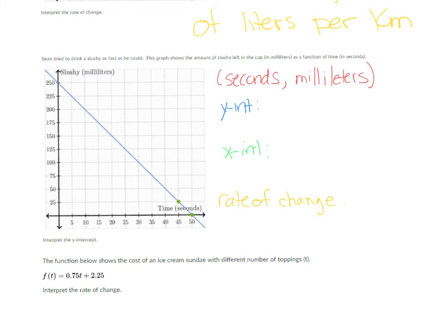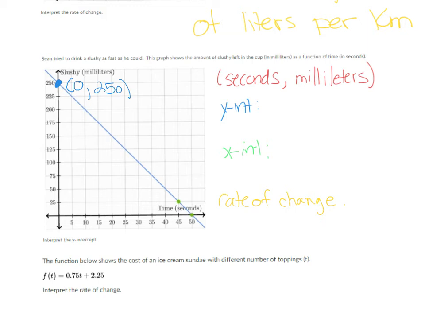Okay, so if we go to look at the slope, the y-intercept occurs right here, and that is the point (0, 250). What that tells us is before Sean starts to drink, when time is 0, there's 250 milliliters of slushy in the cup.